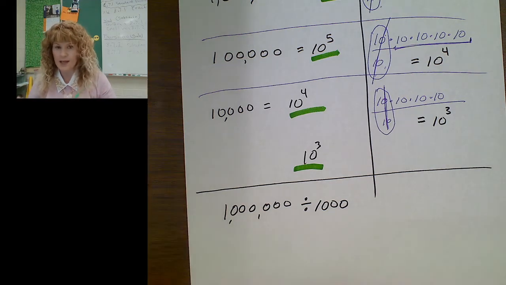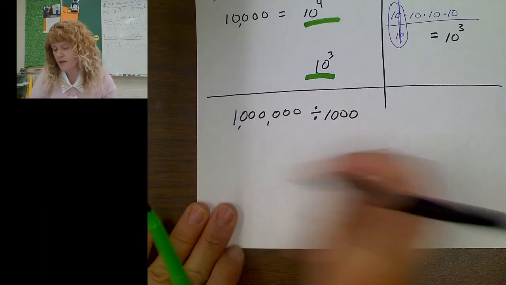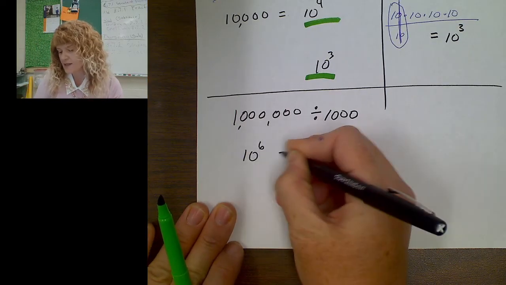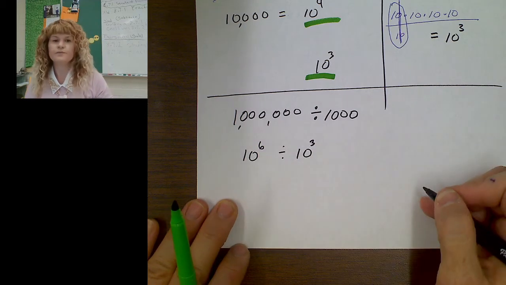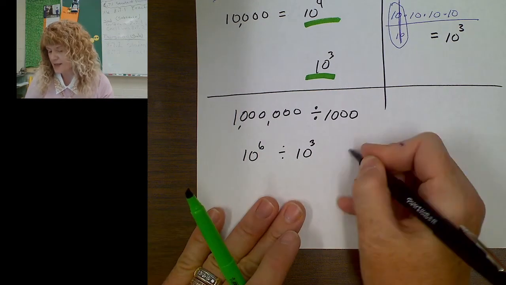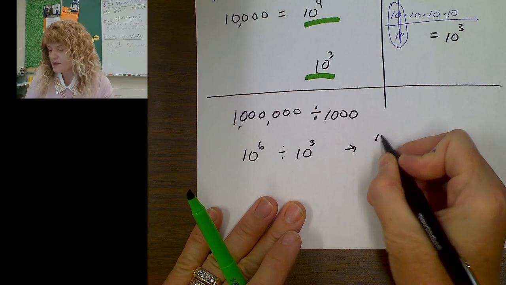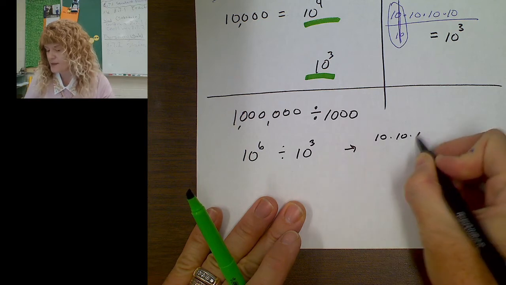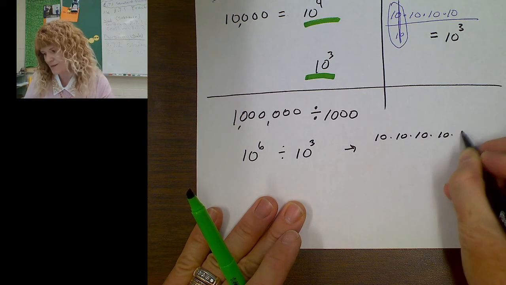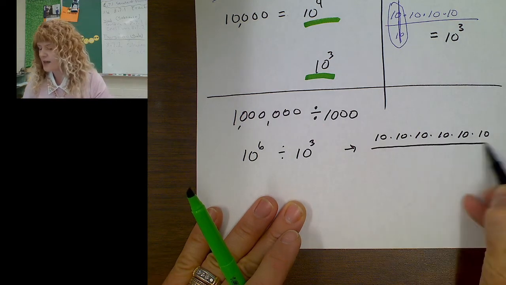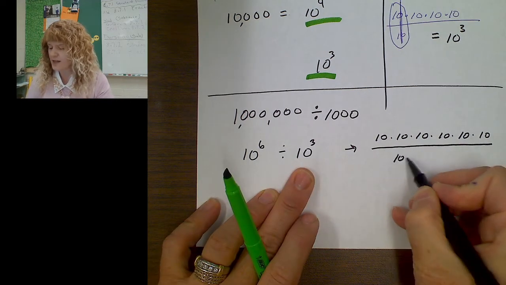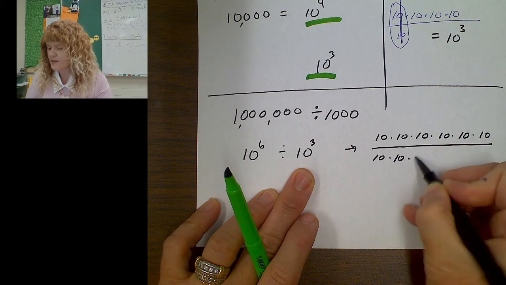I'm going to write this again in exponential notation. That's 10 to the 6th divided by 10 to the 3rd. Now I'm going to write this out in expanded form. 10 times 10 times 10 times 10 times 10 times 10, that's 10 to the 6th, divided by 10 to the 3rd, 10 times 10 times 10.